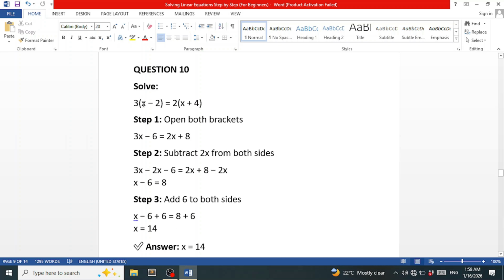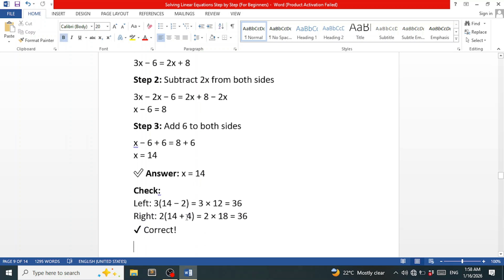You're gonna be checking left side if it is equal to right side. Okay, so 3 into x, which is 14. 14 minus 2, that is 12 times 3. You're gonna have the value. Let's go down here. Left side, that is 12 times 3, that is 36.